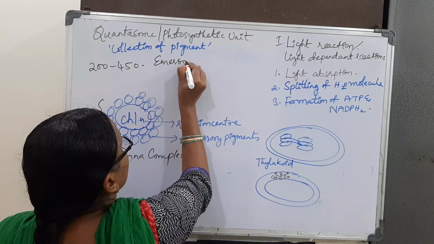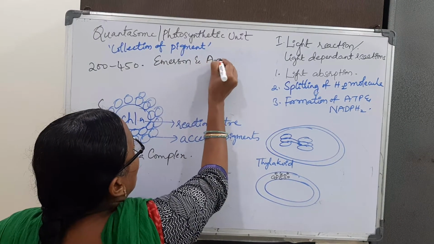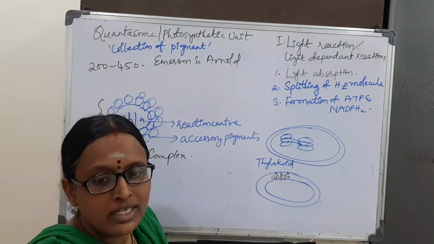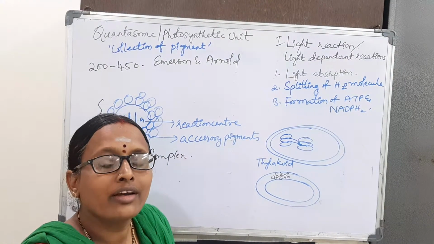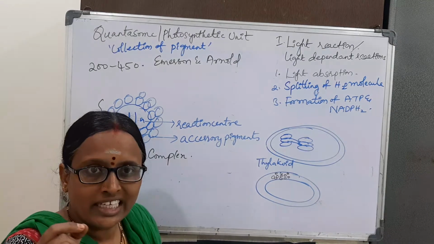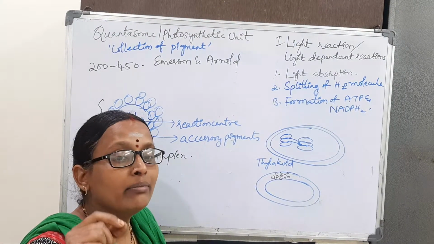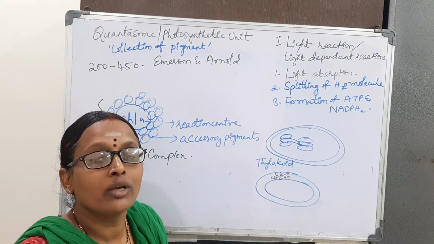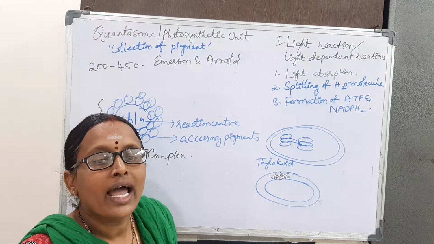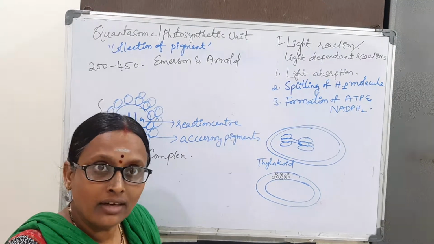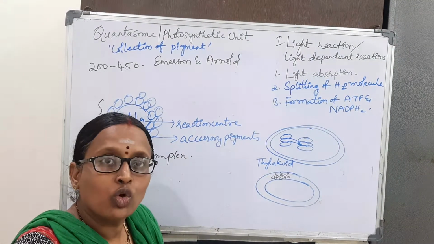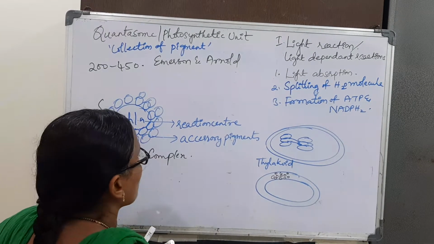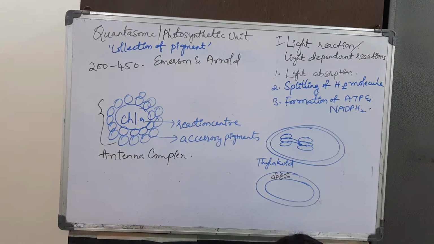They define the photosynthetic unit as the minimum number of chlorophyll molecules capable of acting collectively in photophosphorylation to evolve one molecule of oxygen. I will write it here.